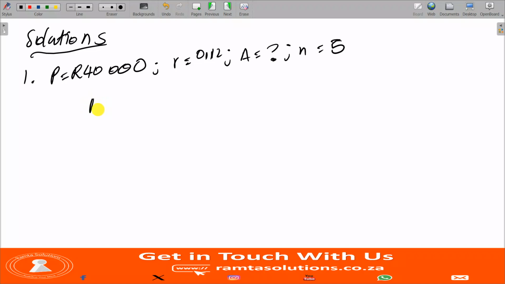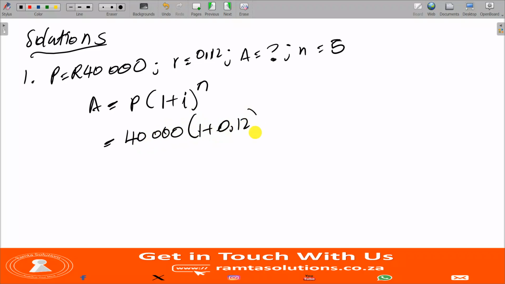Now what do we say? A equals P into 1 plus i to the n. How much was deposited? 40,000 rand. And interest rate is 0.12. The number of years is 5.